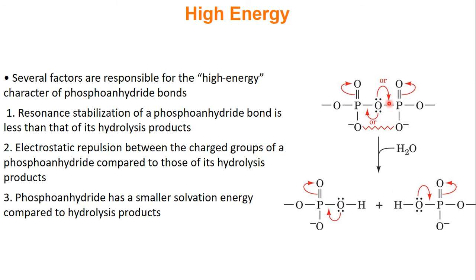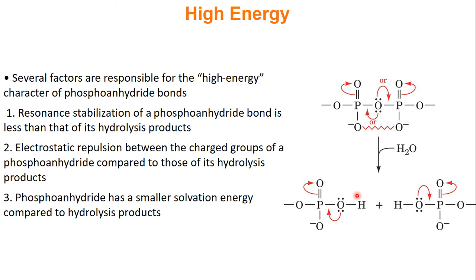You can see that this oxygen connecting the 2 phosphates can have a resonance structure in which you have a double bond here, which will mean this oxygen's negative, or a double bond here, which means this oxygen's negative. If you remember from organic chemistry and general chemistry, oxygen is an electronegative atom, so it wants to be negative if it can. In this form, you only have 1 oxygen that can be negative at a time.